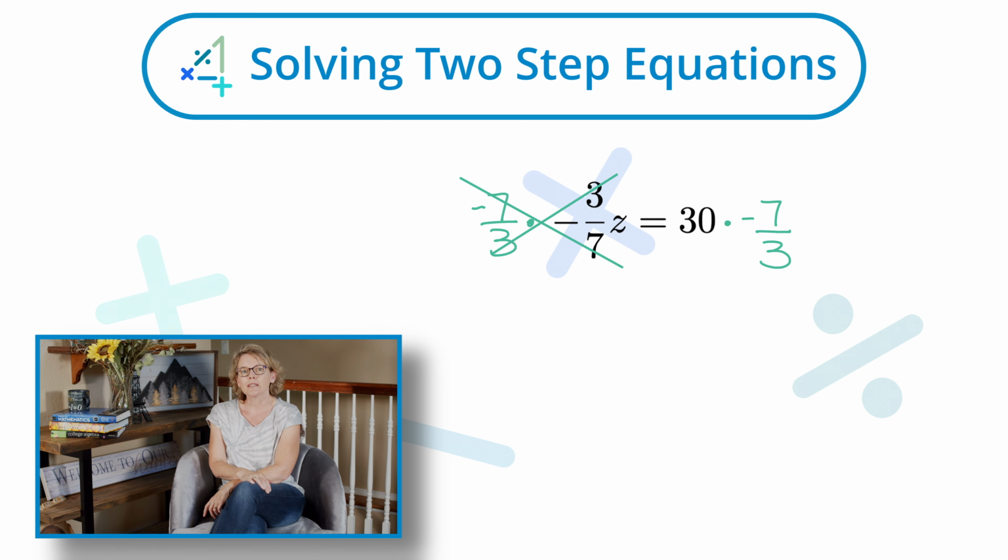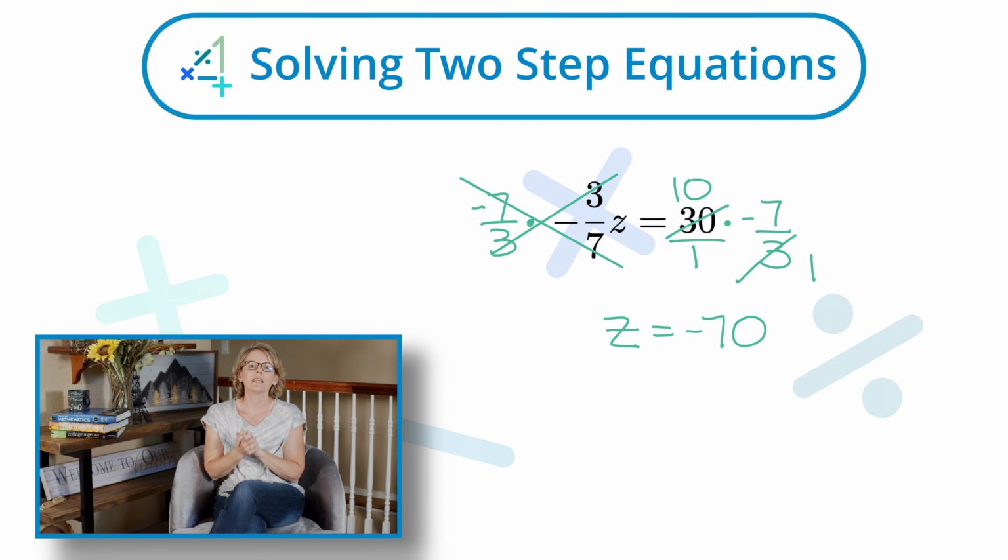Then 30 times -7/3 is 30/1. Slash the 30 and the 3 and divide them both by 3 for a 10 here and a 1 underneath. Multiplying across the top, -7 times 10 equals -70. Z equals -70. I hope that reinforces that little trick that can save you steps and cause you not to panic.